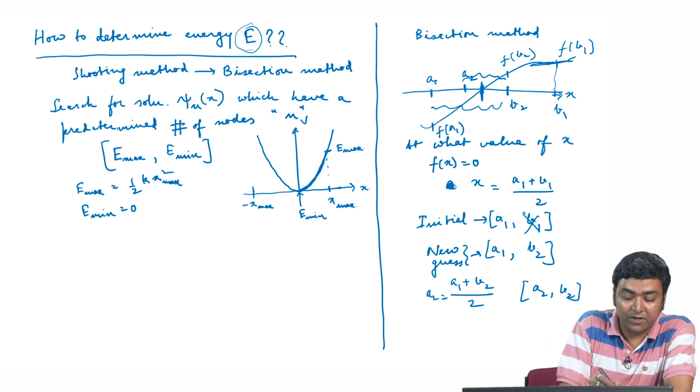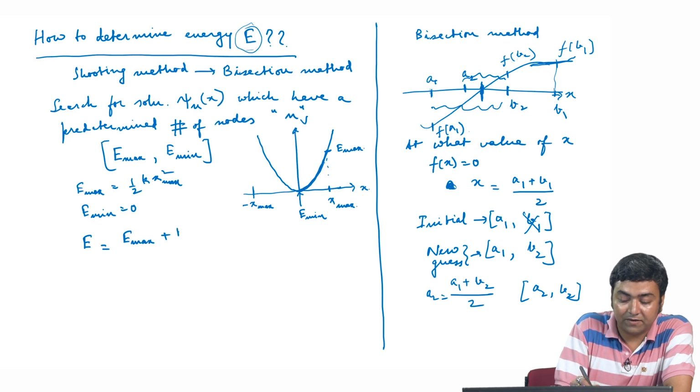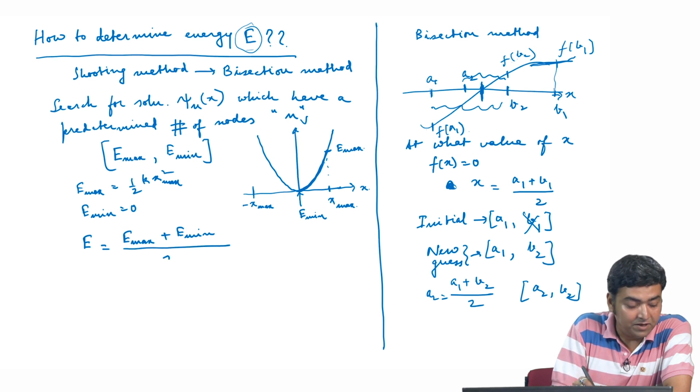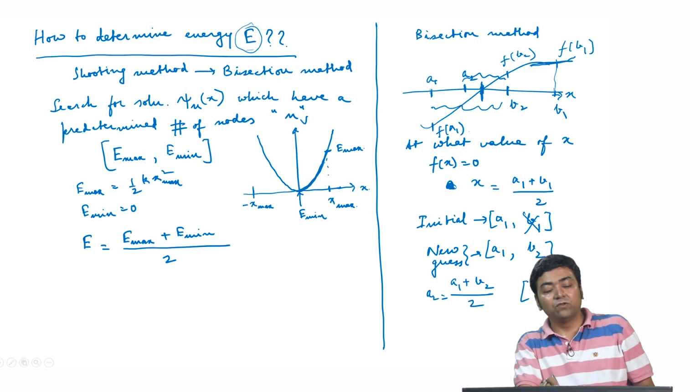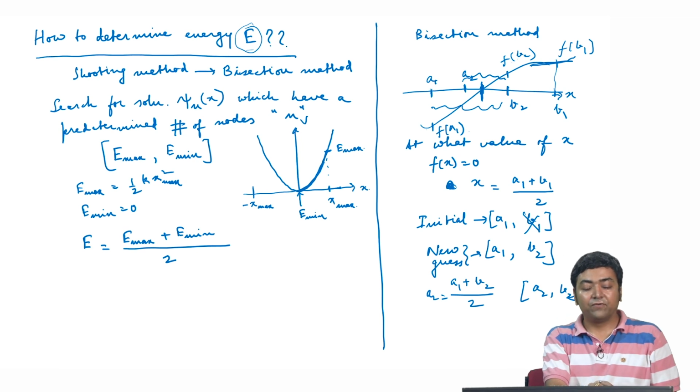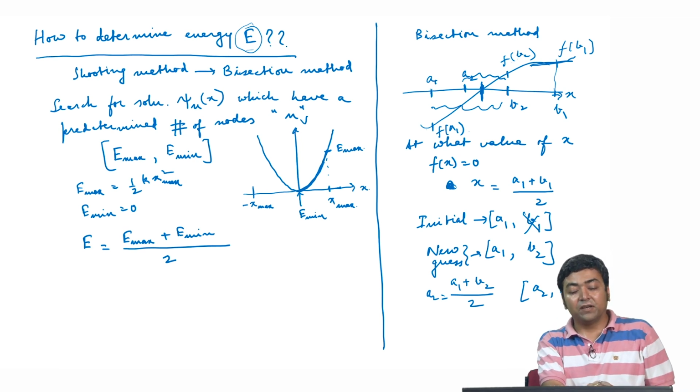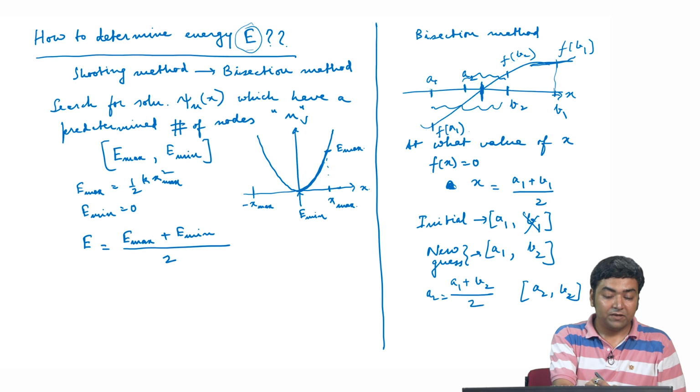Once I have chosen this, as the first case I choose my energy as the midpoint of E max and E min. So, now I know the value of the energy E. This is my guess value.